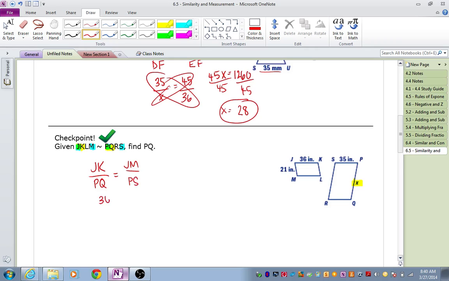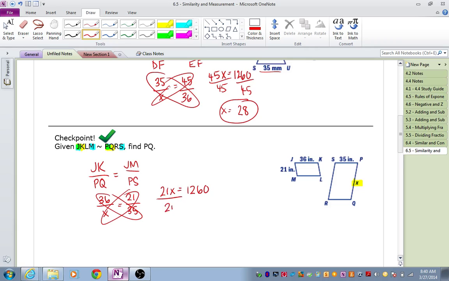JK is 36, PQ is x, JM is 21, and PS is 35. Okay, if we cross multiply, we get 21x equal to 1,260.